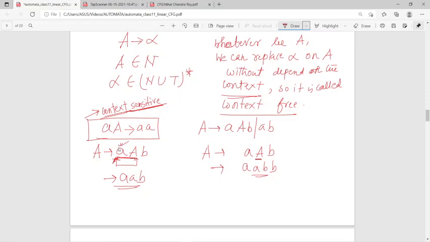Okay. You should remember that if a grammar is a regular grammar, then of course it must be a CFG. But the reverse is not true. There are lots of properties of the CFG.